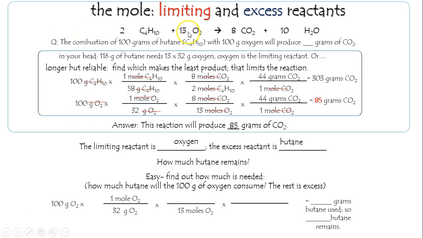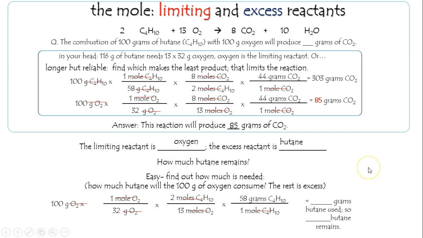Where is it? Oxygen to butane. 13 only requires 2. And there it is. And those moles of butane weigh 58 grams each. And everything should cancel, and it's a good idea to make sure it does. Boom, boom, boom, and we're good.